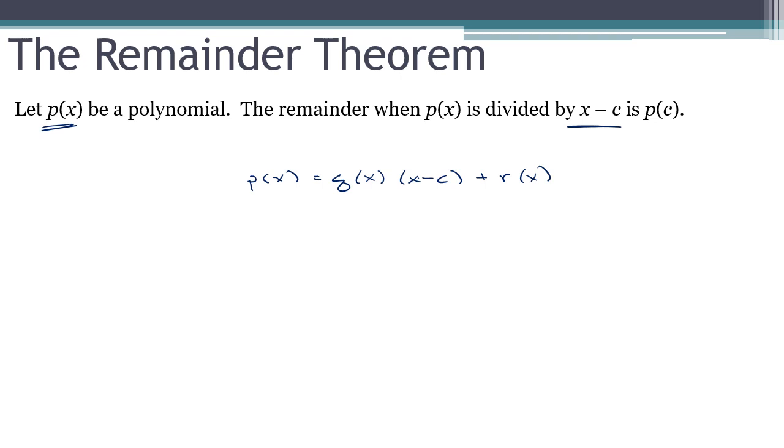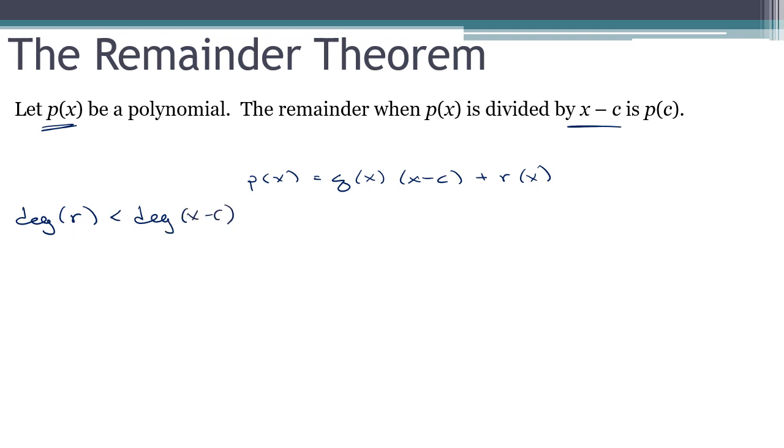And specifically, remember that the division algorithm says the degree of the remainder has to be strictly less than the degree of the thing that we're dividing by. That's x minus c.